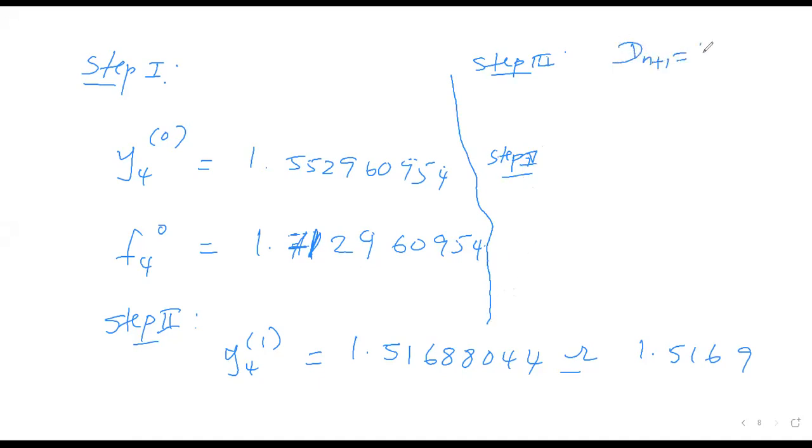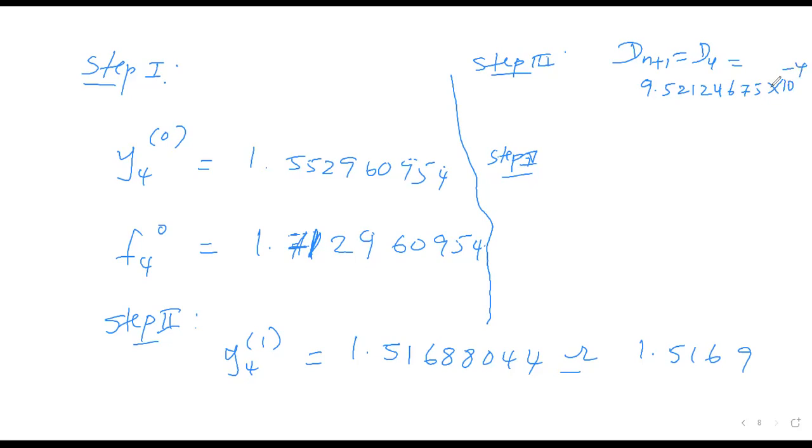So what about d_{n+1}? I mean d4. D4 must be something very, very small, like an error, no? Okay, I got one answer: 5.59, and 1.246751 times 10 to the power minus 4.